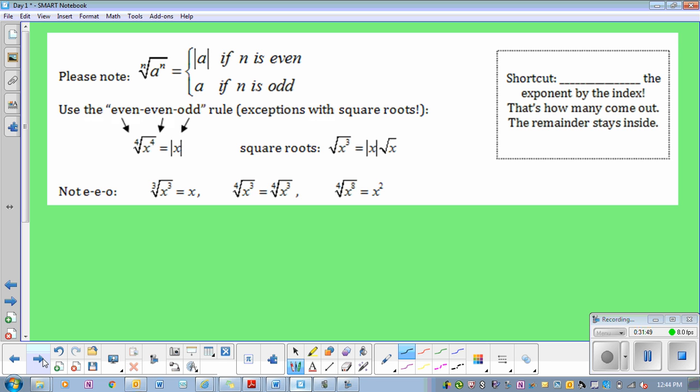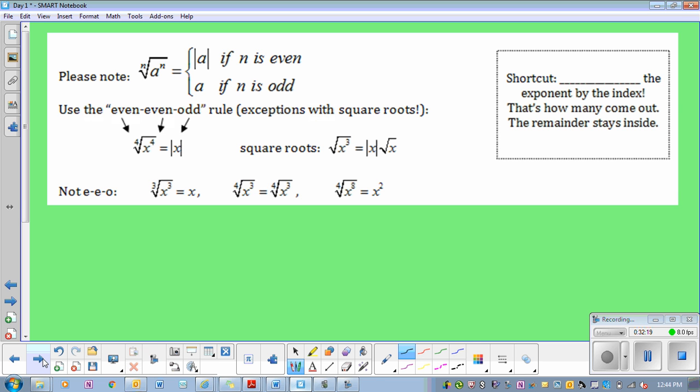All right, so if you have the nth root of a to the n power, so you have these radicals and you're simplifying it, you have to put the absolute value of a if your n is even. And it's just a if your n is odd. So just whatever number if it's odd.